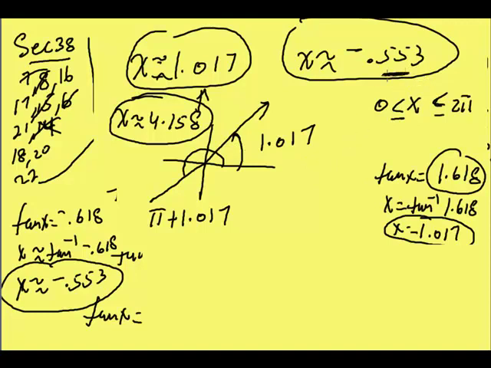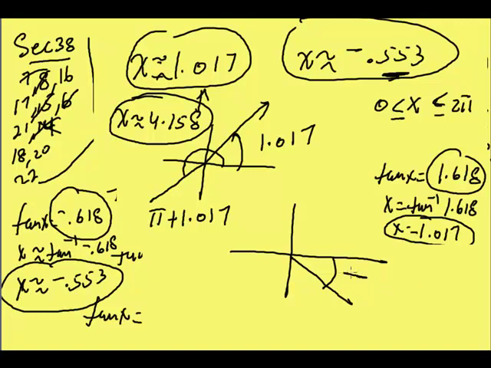Now this one, your calculator is giving you this angle, because we took a tan inverse of a negative value, and that's in the fourth quadrant. So it gave you this angle right here, which is negative 0.553. But you cannot use a negative angle, because my domain says it has to be positive.